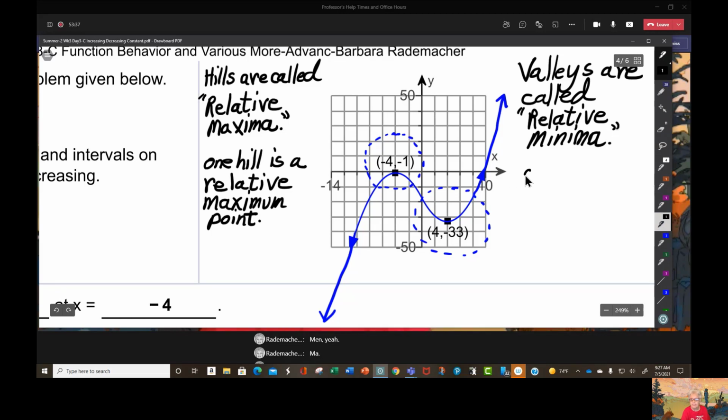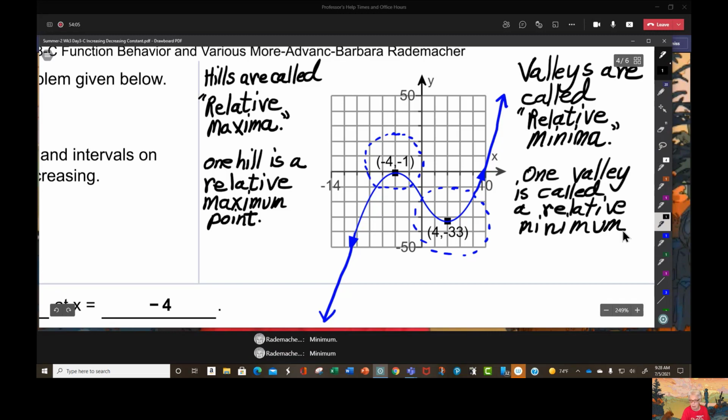One valley is called a relative minimum point.